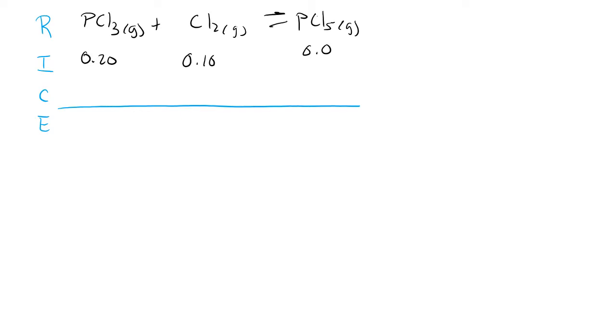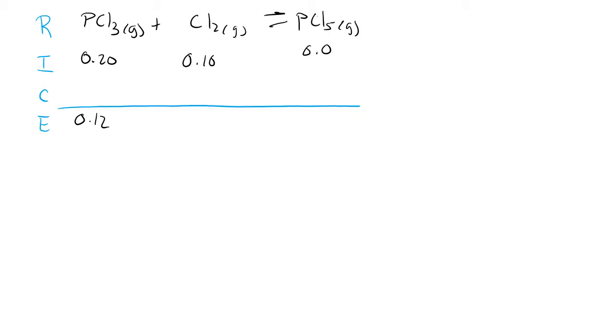I set this up like a math problem. So the reaction which produced PCl5 was allowed to come to equilibrium, at which time it was found that the flask contained 0.12 moles of PCl3. All right, so you have to be given something. You have to be given the change, or at least one value of the equilibrium concentrations, so you know what that difference is.